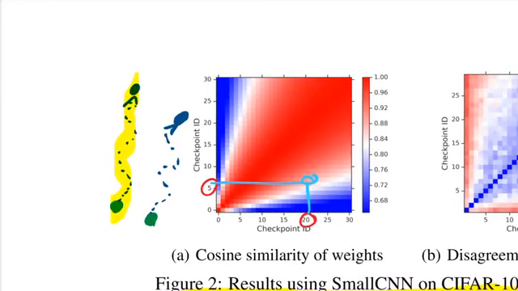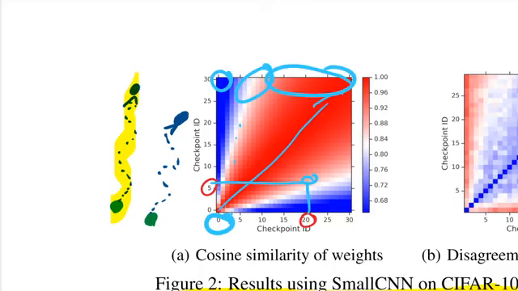So as you can see here, as we go down the optimization trajectory, of course, each one is similar to itself, but you can see that there is kind of a shift right here. At the beginning, the 0th checkpoint is very dissimilar to the checkpoint at the end. But after a very short while, you cross over, and then all these checkpoints right here are sort of similar.